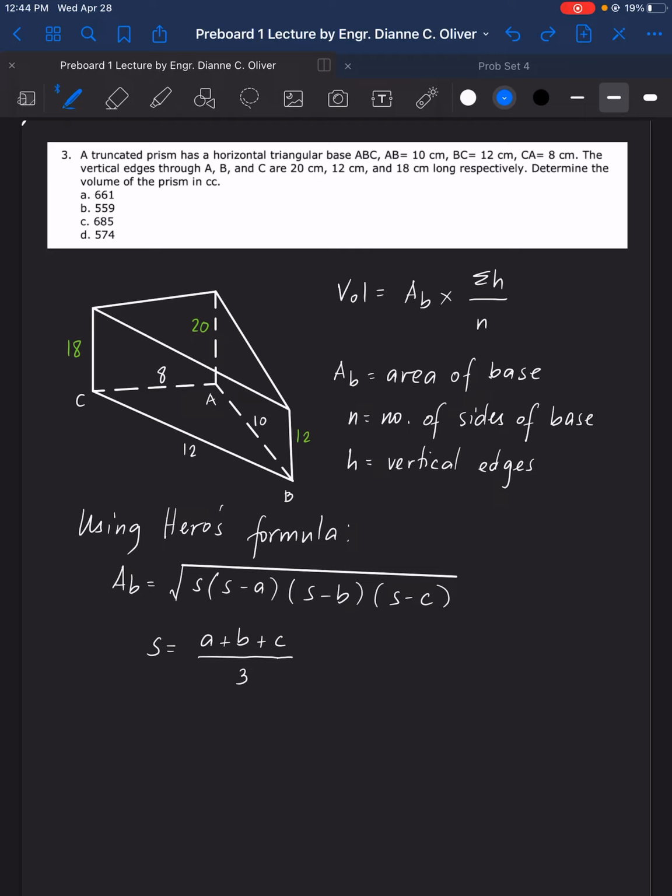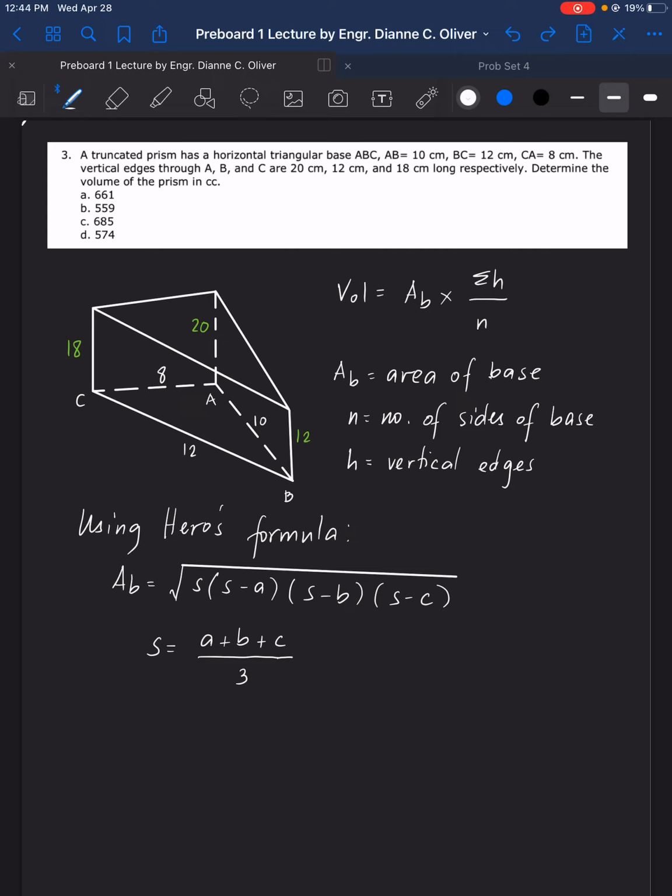A sub b is equal to the square root of s multiplied with s minus a, s minus b, s minus c, where s is a plus b plus c divided by 2. Now this is talking about the base.